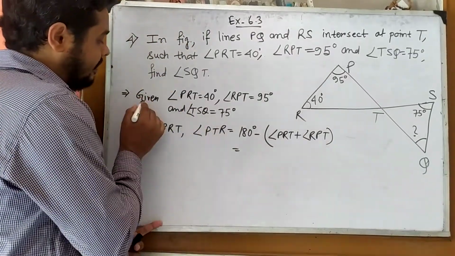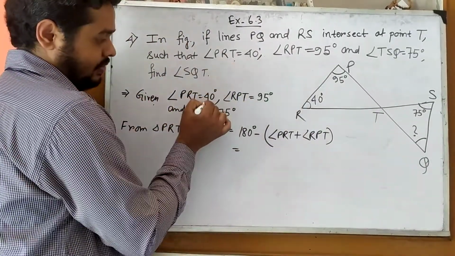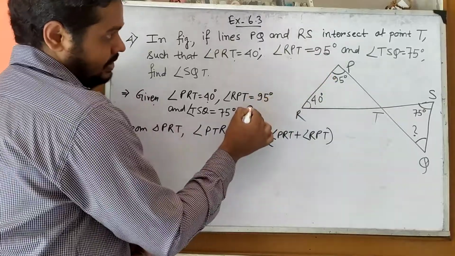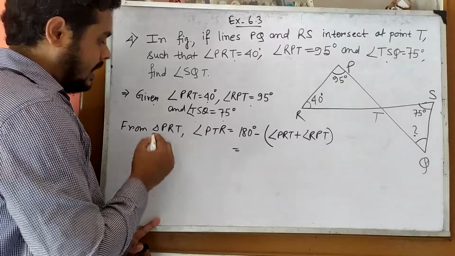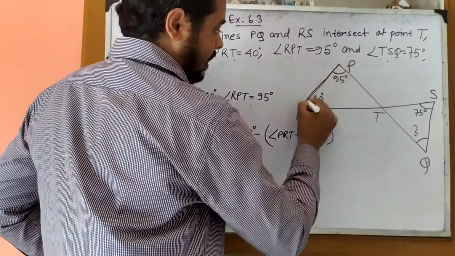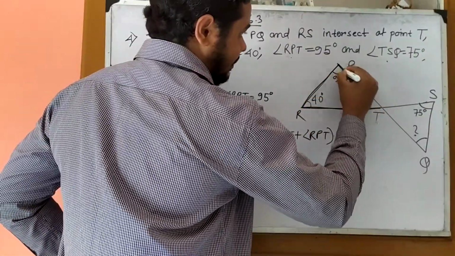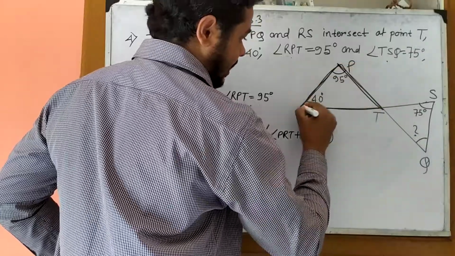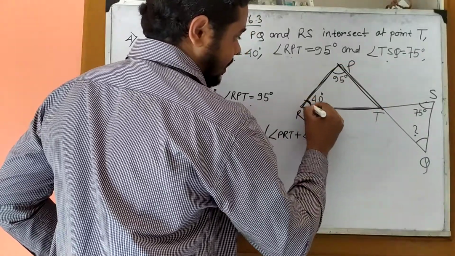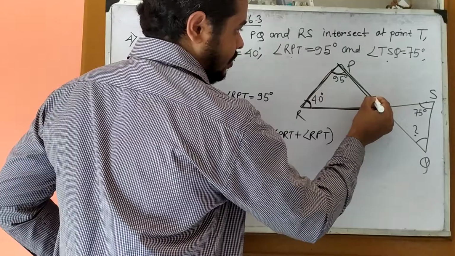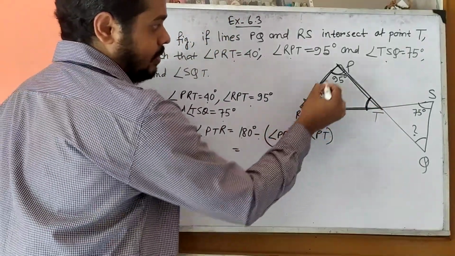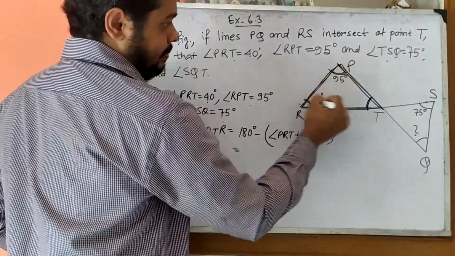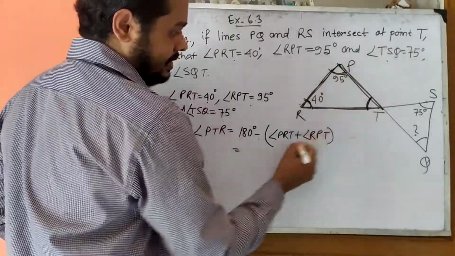Now what are the given conditions? Given angle PRT is 40 degrees, angle RPT is 95 degrees, and angle TSQ is 75 degrees. Now from this triangle PRT, this angle is 40 degrees, this angle is 95 degrees. So the third angle will be 180 minus the sum of these two angles, that is, angle PRT plus angle RPT.